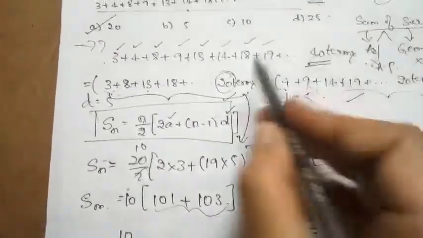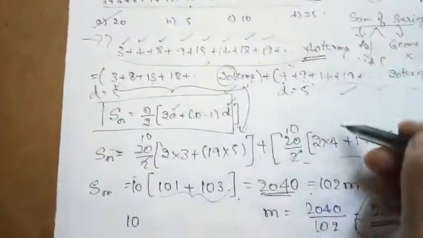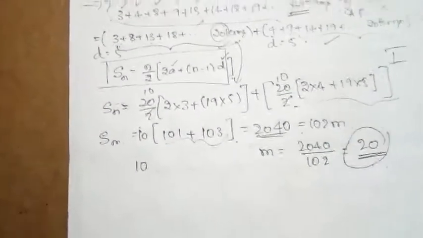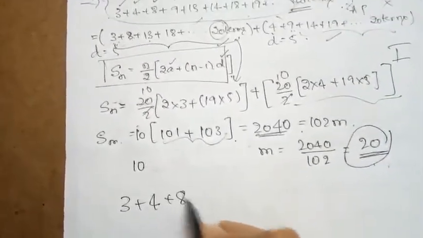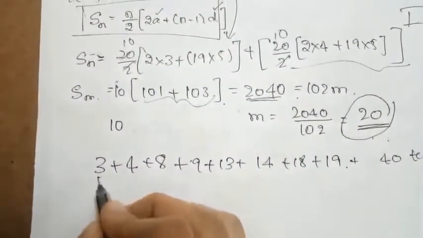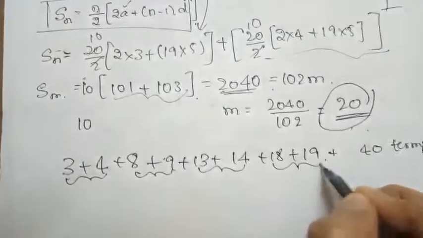So the main thinking is how you are going to split it. This is one method you can solve this problem. Another way you can solve it: the series is this one, right? Now go on adding two consecutive terms.